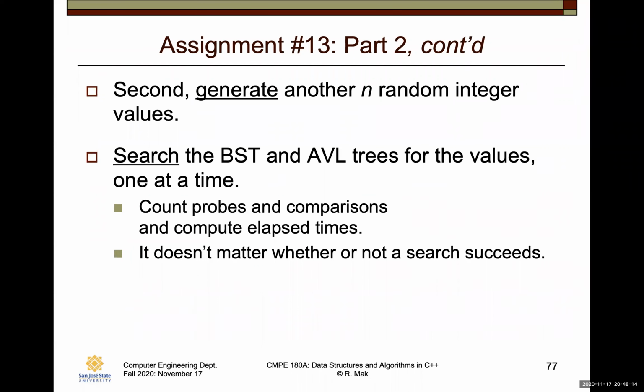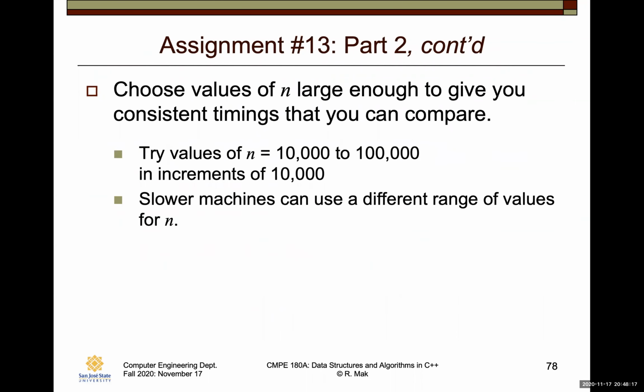Okay, and then you want to choose a value of n large enough so that you can get good timings and so forth. And so what you want to do is try values of n from 10,000 to 100,000 in increments of 10,000 or something like that. If that takes too long on your machine, you can use a different range of values for n. But you want n to be large enough so that you can get some reasonable counts and timings.